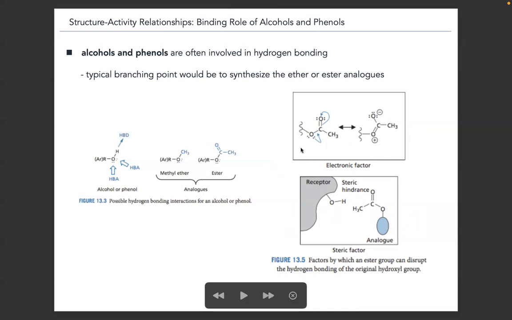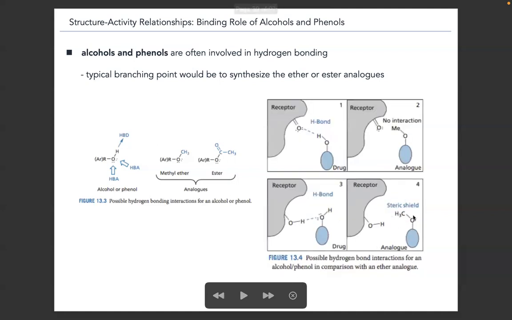And I would emphasize again that you definitely want to take some time and really rationalize what these arrows mean. I think in going from, let's say, the left structure to the right structure on the top right, just to get a feel for drawing resonance structures. You'll have to do that a little bit in your exam. But then you have a situation very similar to the last slide, where you have a steric shield type of situation.